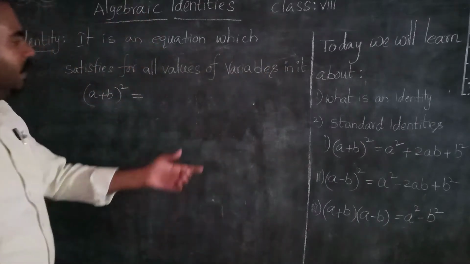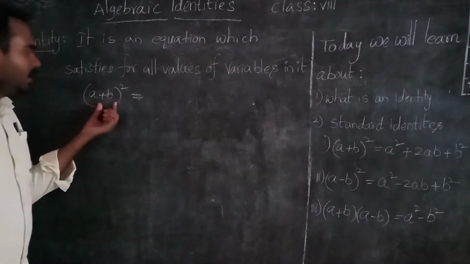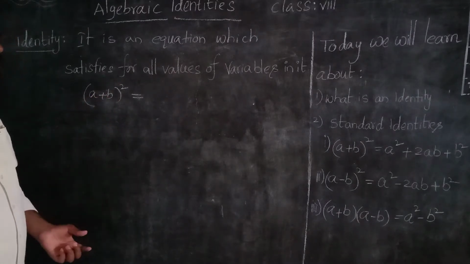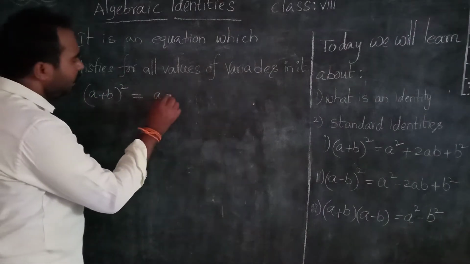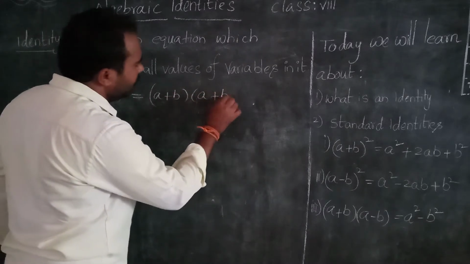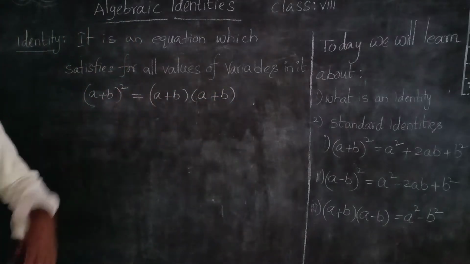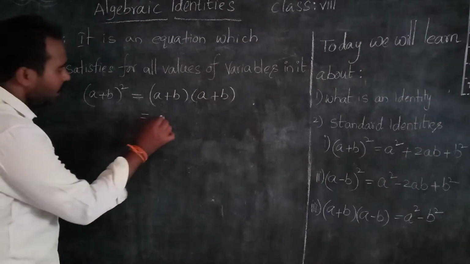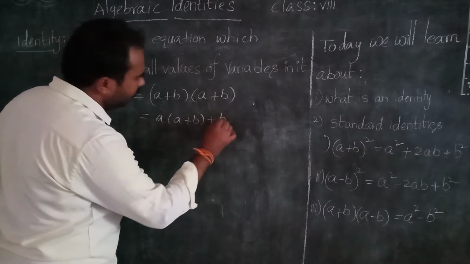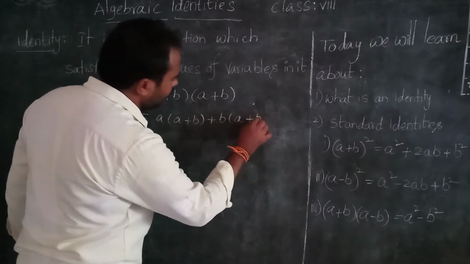For example, I will take the first identity, (a plus b) whole square. (a plus b) whole square means (a plus b) into (a plus b). Here it is basic multiplication. So a into (a plus b) plus b into (a plus b).